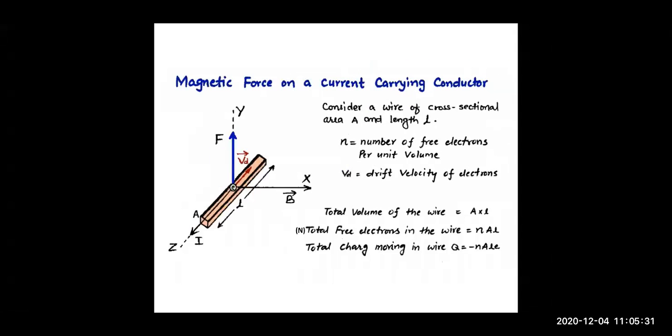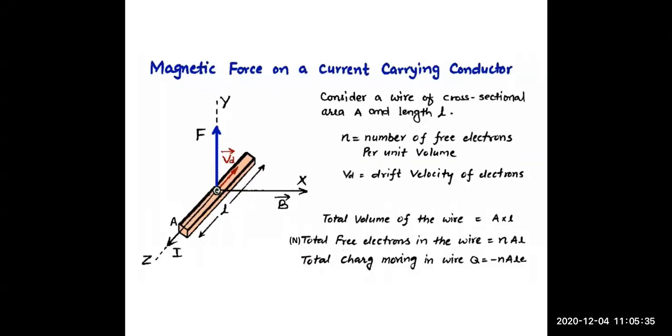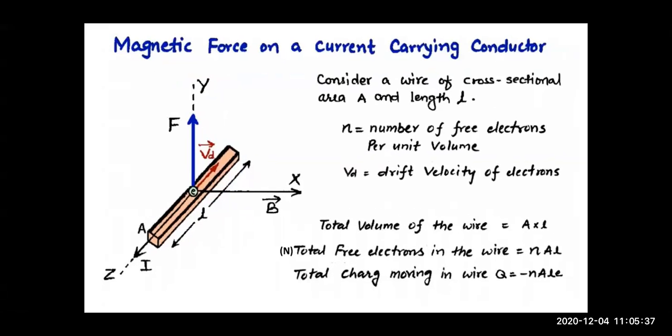Right, children? So here in this diagram, we can see that this brown color is your wire, right? And in this wire, we can see that the direction of current is in the z direction. So this is our z axis. So the direction of the current is in the z axis.